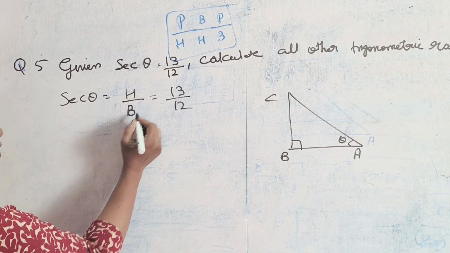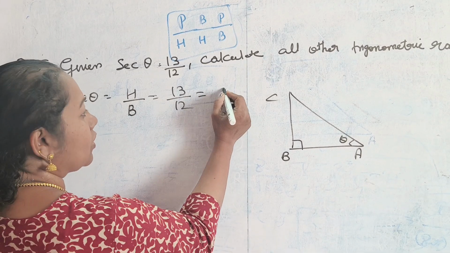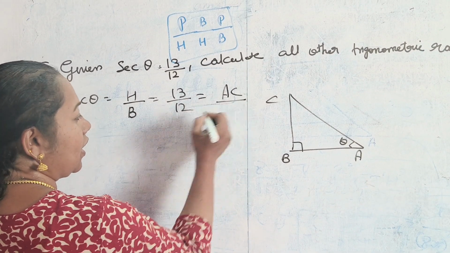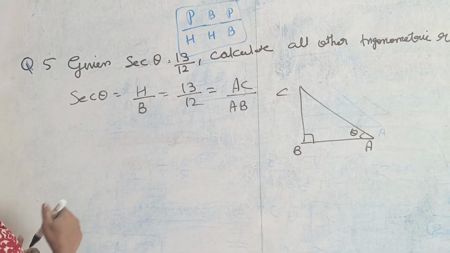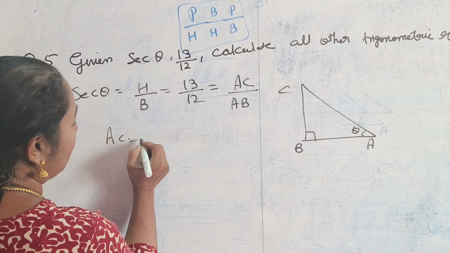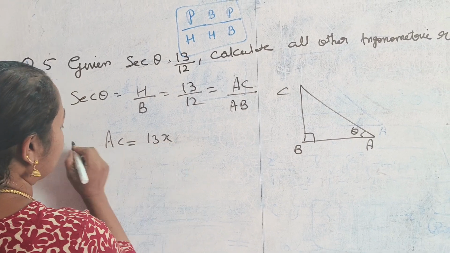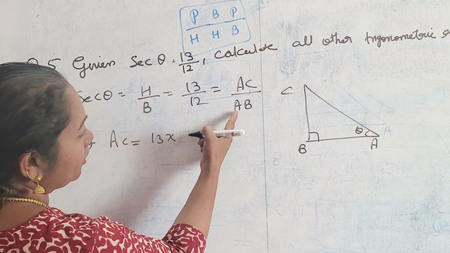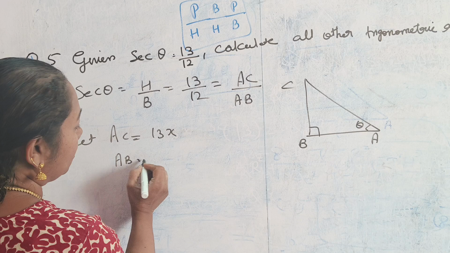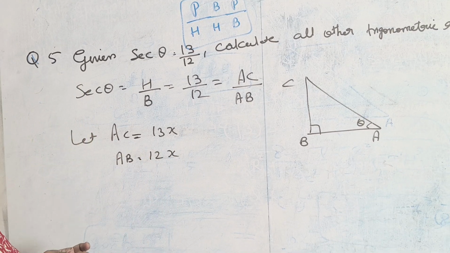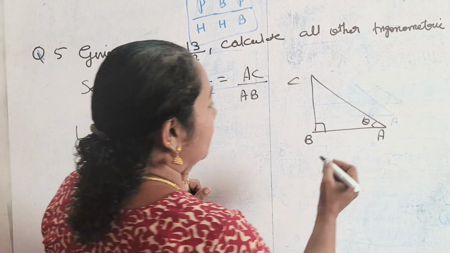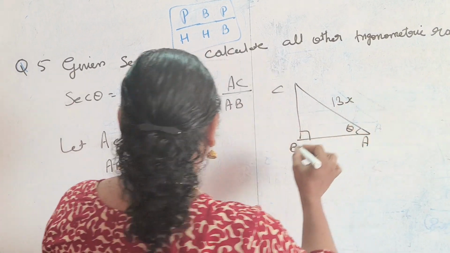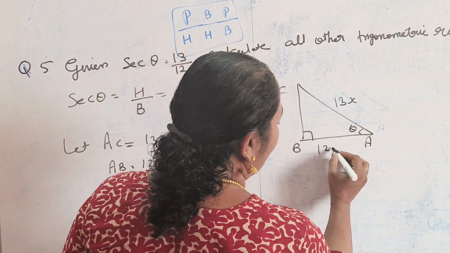Here hypotenuse is AC and the base is AB. So let us take AC equals 13x and AB equals 12x. We have to find the third one. AC is 13x and AB is 12x.